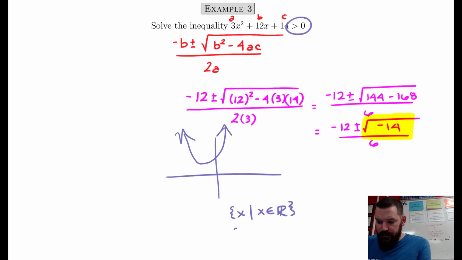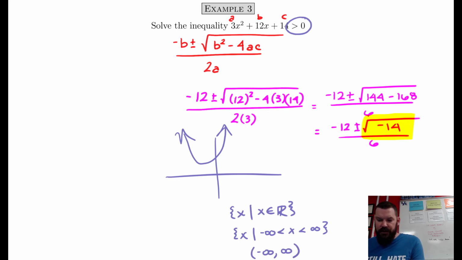You could do x such that x is between negative infinity and positive infinity, or you could do interval notation, negative infinity, positive infinity, however you want to do that. Because this graph lies completely above the x-axis, we know that it cannot be less than 0, or equal to 0 for that matter, at any point across its domain.